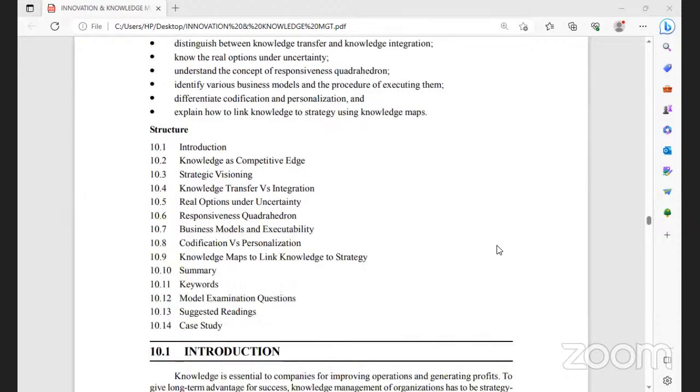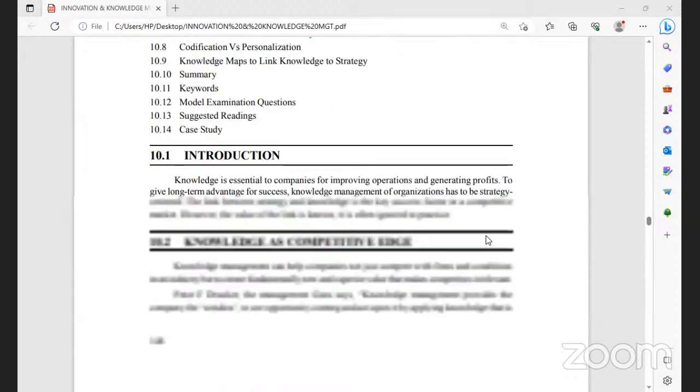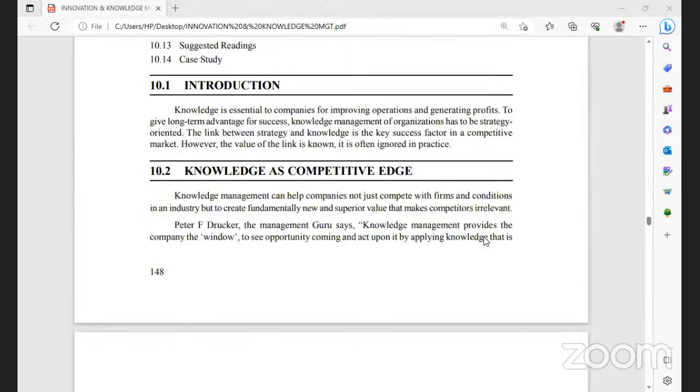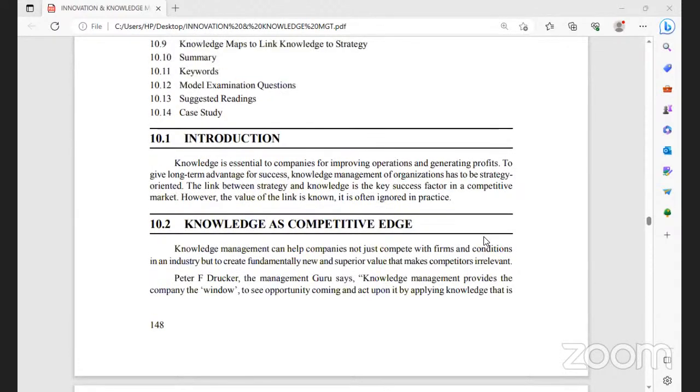And in this context, we have the subject contents: knowledge as competitive edge, strategic visioning, knowledge transfer versus integration, real options under uncertainty, responsiveness, quadrahedron, business models and executability, codification versus personalization, knowledge maps to link knowledge to strategy. Now, a strategic way of implementation is mandatorily required for implementation of knowledge management. That is a basic criteria we are going to discuss in this chapter.